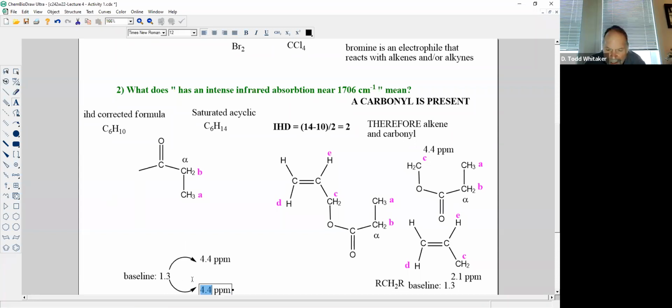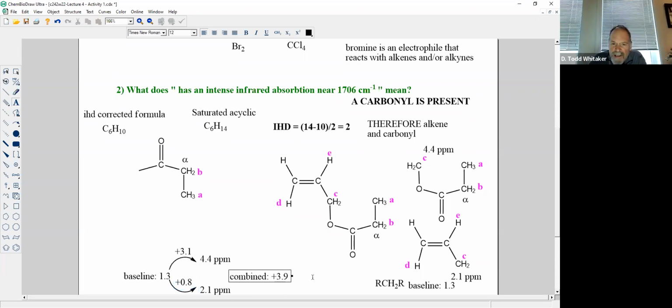That's the allylic category. The top one was the alpha category. So what's the jump going from 1.3 to 4.4? That's a jump of plus 3.1. That's the difference. What's the jump of going from 1.3 to 2.1? That's a 0.8. Combined jump is 3.9. Nothing hard going on here.